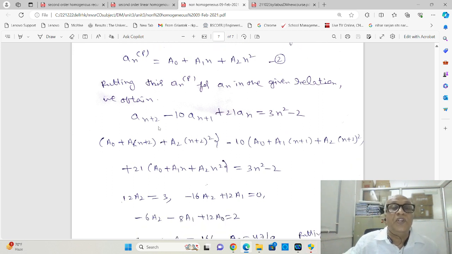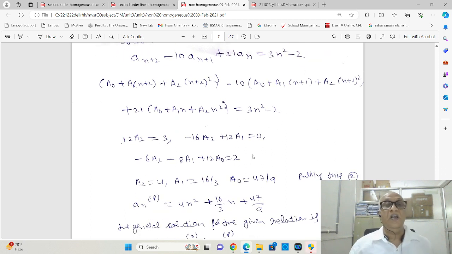So a n plus 2 is substituted with a0 plus a1 (n plus 2) plus a2 (n plus 2) square, minus 10 times a0 plus a1 (n plus 1) plus a2 (n plus 1) whole square, plus 21 times a0 plus a1 n plus a2 n square, equal to 3n square minus 2.